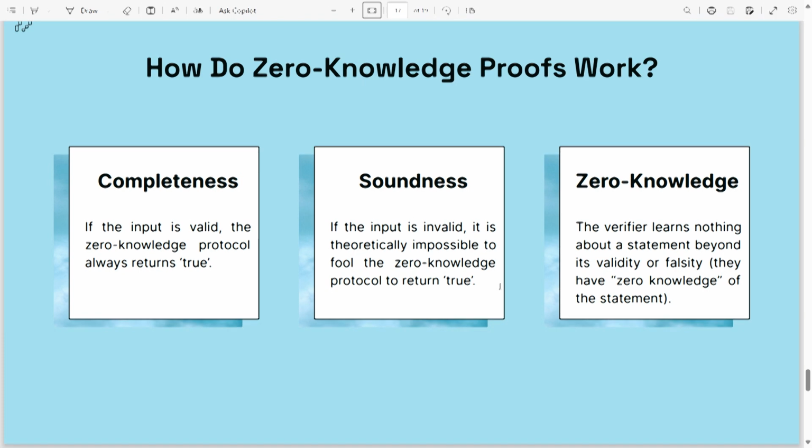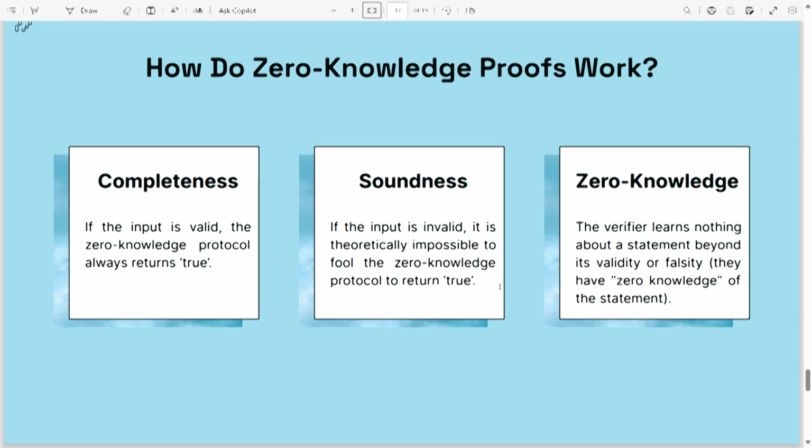And soundness is the opposite of it, which says that it's theoretically impossible to return true using wrong inputs. I said theoretically because you can do it, but as I told you, it's very hard. That's why theoretically impossible, but there's still a very low chance.